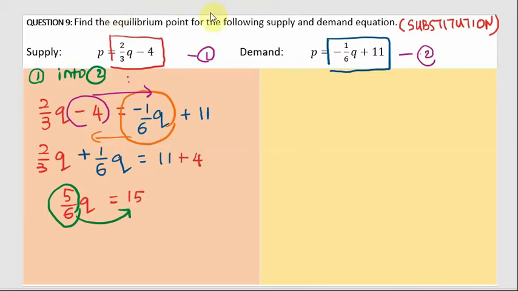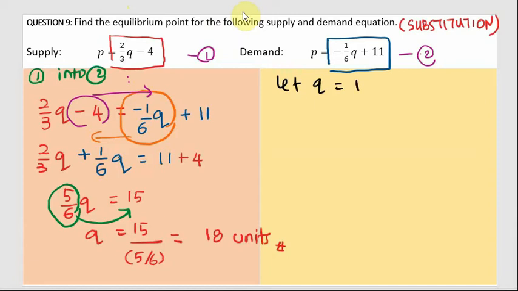Then you have q equals to 15 divided by 5/6. So what is q? Q is 18, so 18 units.